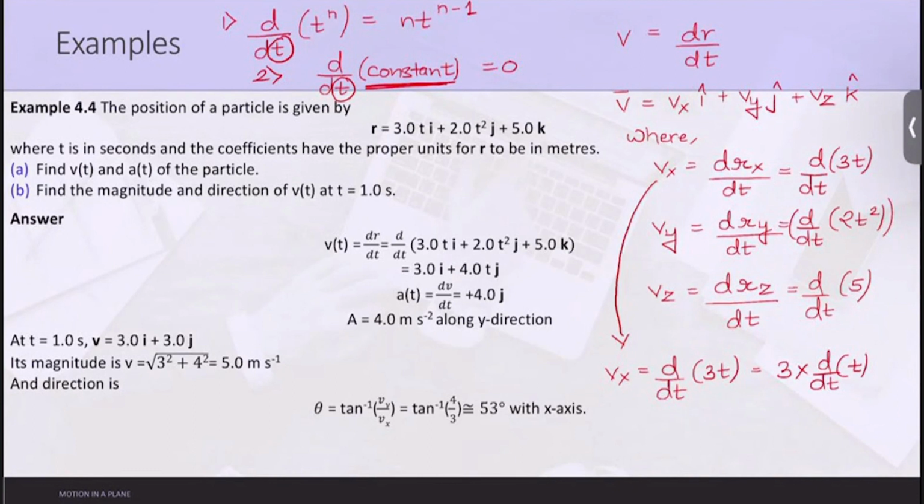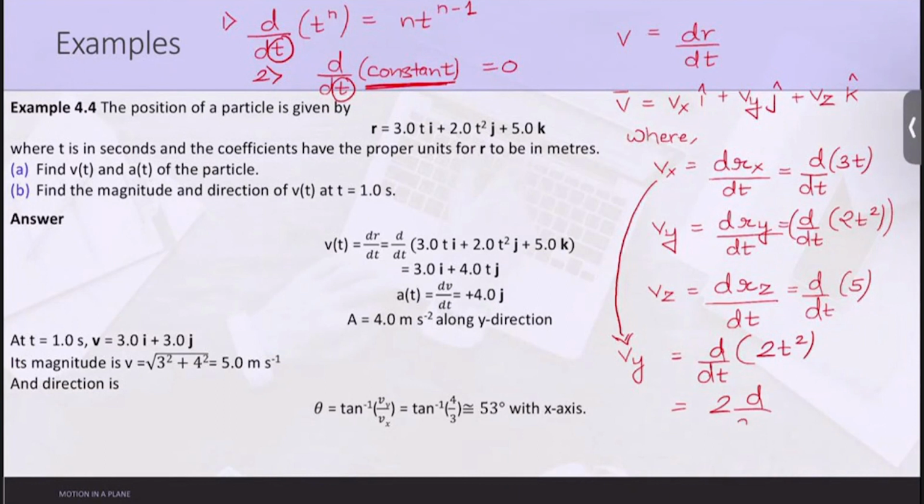So what will be d by dt of t? So n factor is 1 here. So hence you can write this as equal to 3 into t to the power 0 into 1. Okay, so then we will get it is equal to 3. Fine. Similarly, Vy is equal to d by dt of 2t square, which is equal to 2 into d by dt of t square, which is equal to 2 into t to the power 2 minus 1, which is equal to 4t.